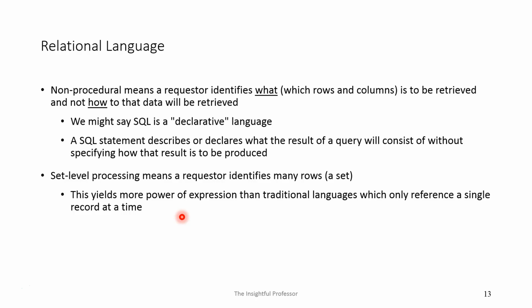That's a set of rows. This becomes such that the language is much more powerful, much more expressive than traditional third-generation languages and record-at-a-time type of environments like hierarchic and network databases. And this is something that encourages or supports the idea of query optimization.